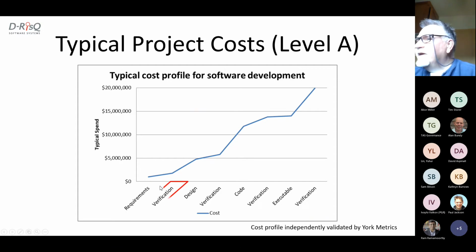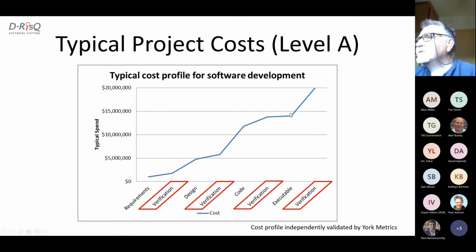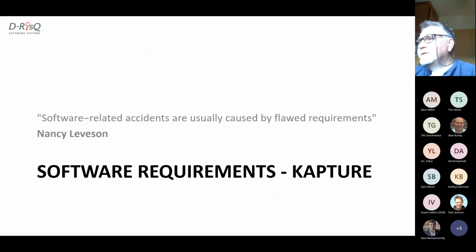But it's these verification costs which drive the increase in cost in terms of the software development, and especially at the end, when you typically find that your requirements weren't right, or you've implemented the requirements in the wrong way. And as I said, this cost profile is independently validated by York Metrics. So I'll be coming back to that.